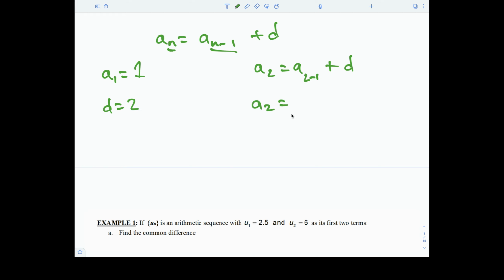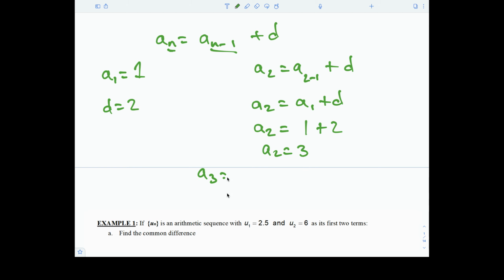So a sub 2 equals a sub 1 plus d, and if a1 is 1 and d is 2, you get a2 to be 3. And then we substitute back in, so a3 equals a2 plus d, a2 is 3, so 3 plus 2 is 5. I said 1 before, my bad.